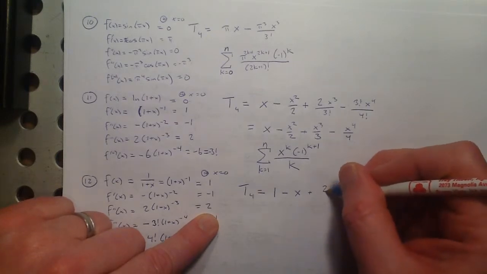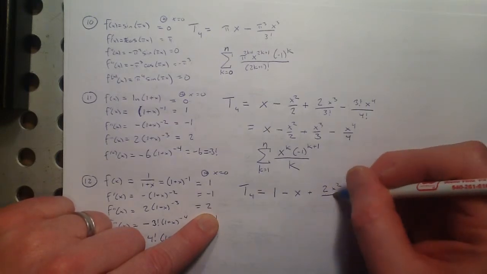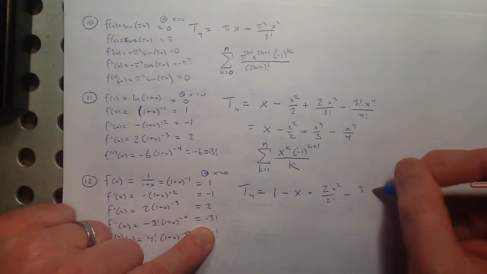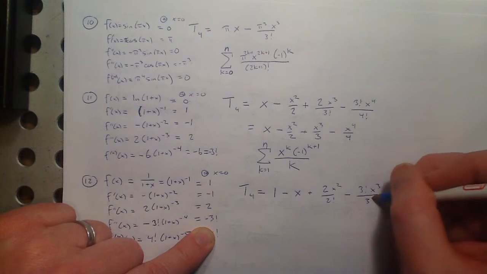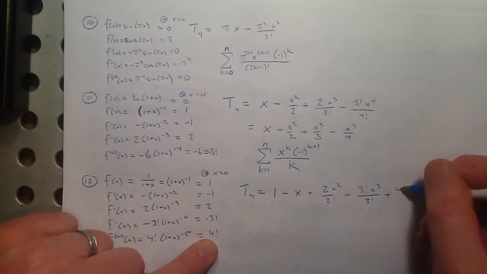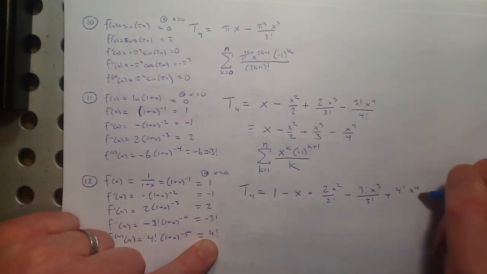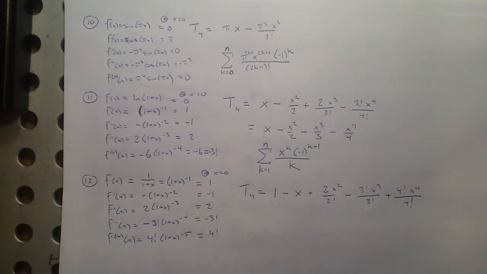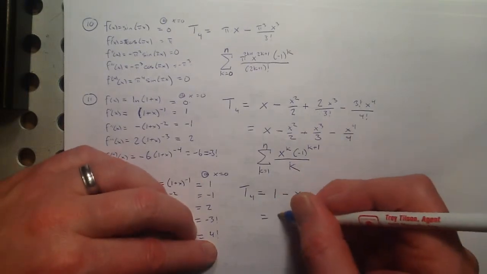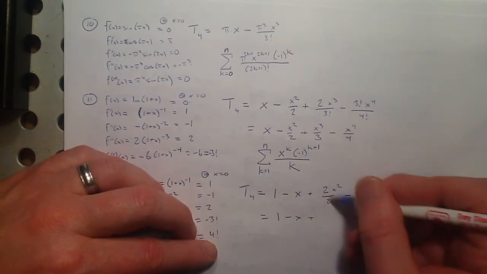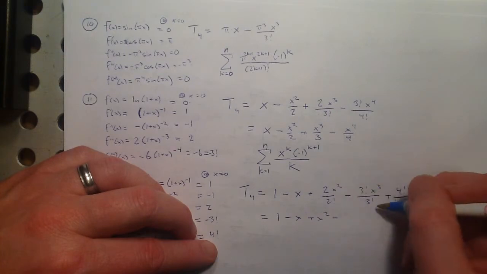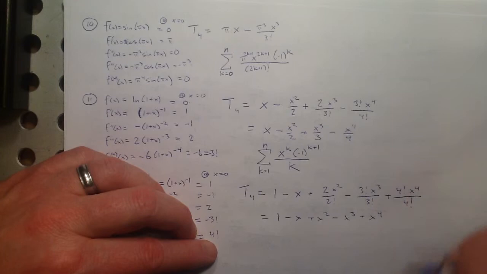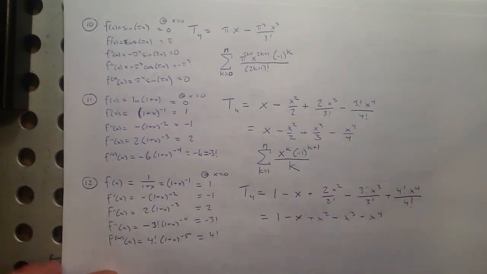So this is 2 times x squared over 2 factorial minus 3 factorial times x cubed over 3 factorial plus 4 factorial times x to the 4th over 4 factorial. And that definitely wants to be simplified, doesn't it? 1 minus x plus, the 2's cancel, x squared minus, the 3 factorials cancel, 4 factorials cancel. That just gives me this.